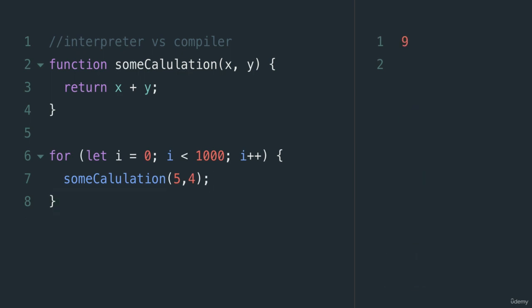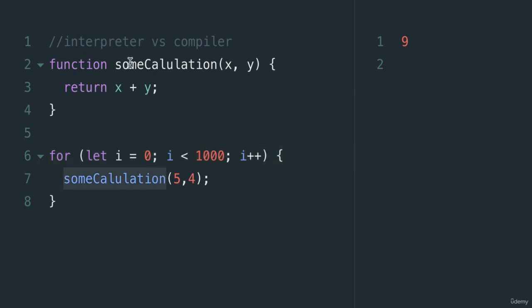Now, with an interpreter, if I give this file to an interpreter, the translation happens line by line on the fly. And this is how you think the code should be run, right? The interpreter sees the first line, then the second line, then the third line, and says, all right, this is a function. And then it goes to the next part and says, all right, I should loop over this a bunch of times, and it starts doing some calculation.